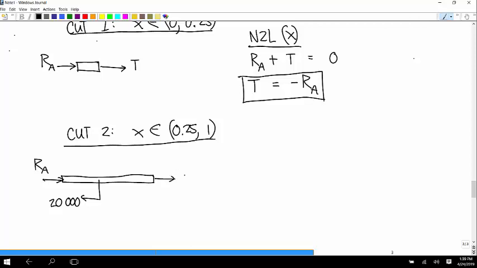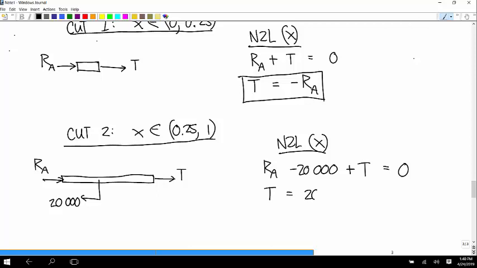And then we have the internal tension here. So Newton's second law in the X direction says RA minus 20,000 plus T is equal to 0. And so the internal tension on that second cut is equal to 20,000 minus RA.